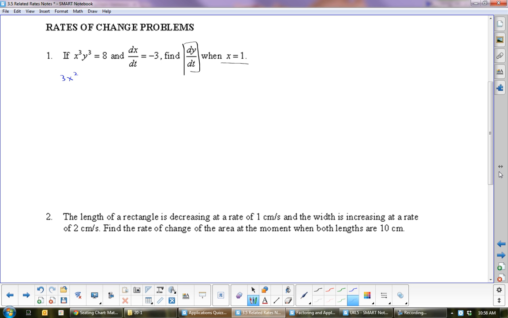now we need to always implicitly derive. So this will be dx dt times y cubed plus the first times the derivative of the second would be 3y squared dy dt equals 0.